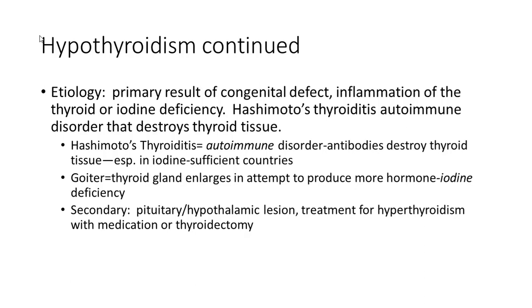So it's trying to work better as a bigger organ. These were quite common before the goiter pills, before the iodized table salt. I actually have a friend right now that has one, and it's not terribly noticeable, but it is there.